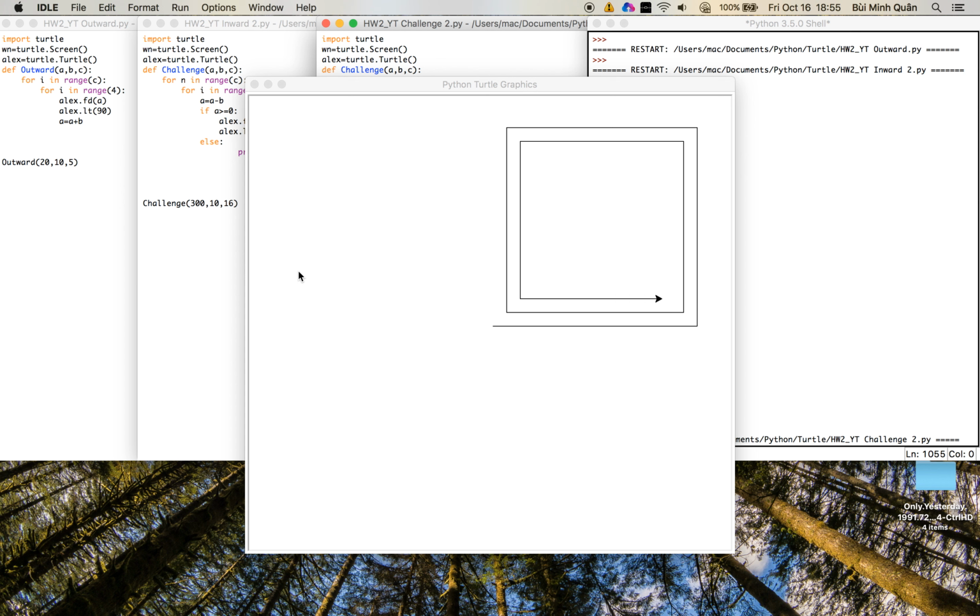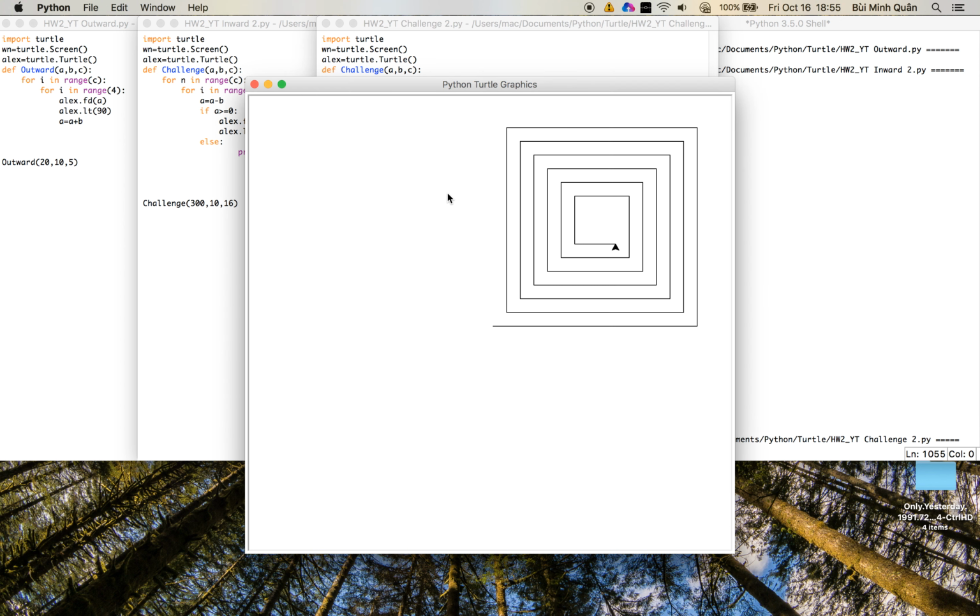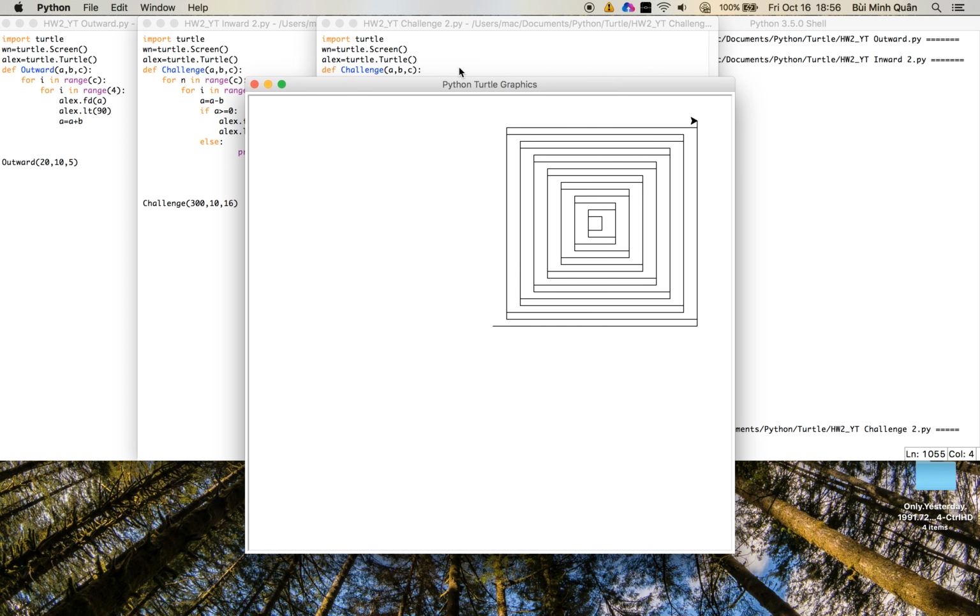It's going inside, and inside. After C times, it becomes the outward. It's going outside. So that is how it happens.